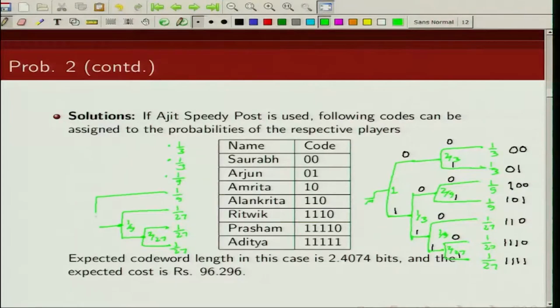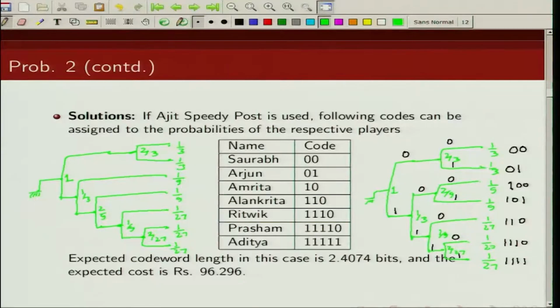I can combine these two nodes, get a new node with probability 2 by 9, and then I can combine these two, I get a new node which has probability 1 by 3. I can combine these two nodes, get a new node with probability 2 by 3, and then I can combine these two, get my root node with probability 1.